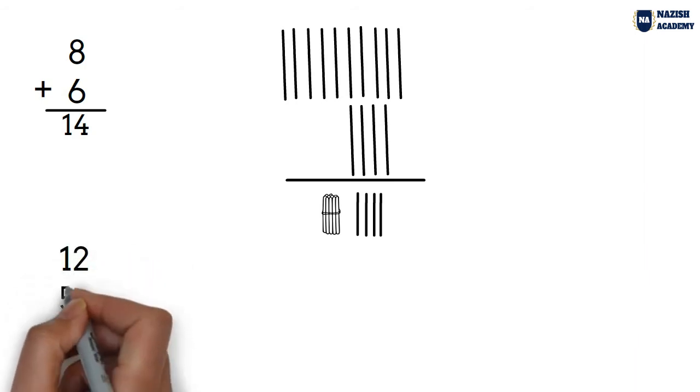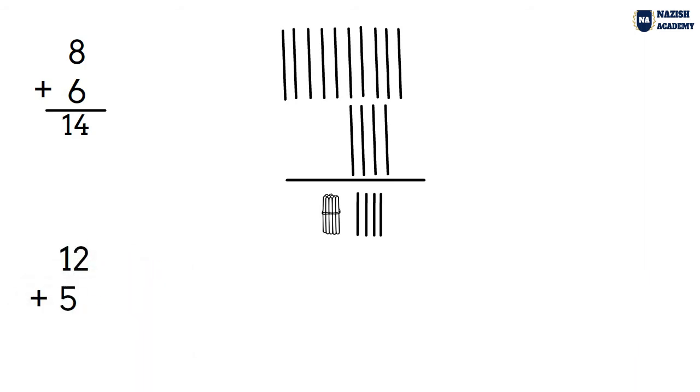12 plus 5 is equal to how many altogether? 17. Let's see. 10 sticks and I added 2 more sticks. It means 12 sticks are there.